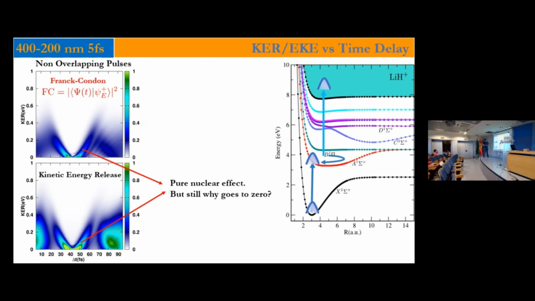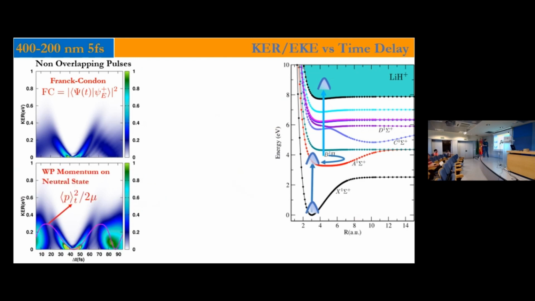But still, the question lingers: why does it go to zero? And the explanation is very simple. What is happening is that the wave packet is moving out, stopping at the other turning point because it doesn't have enough energy to leak out or do something else, and stops and then goes back, and that's why it goes to zero.